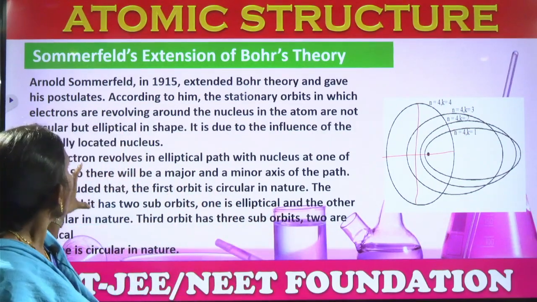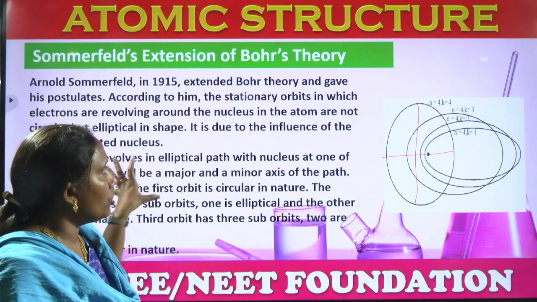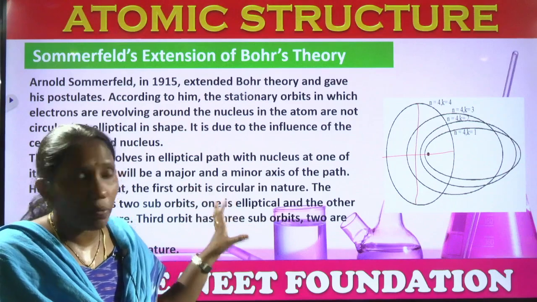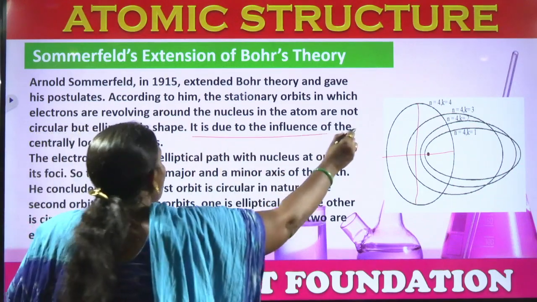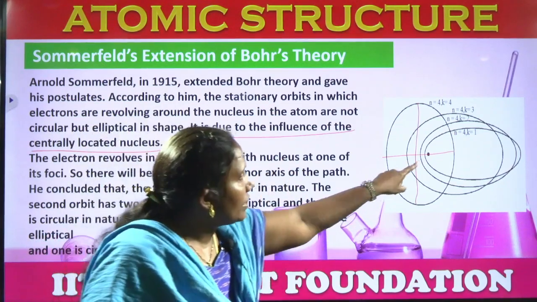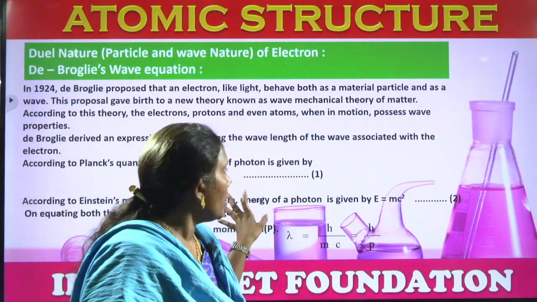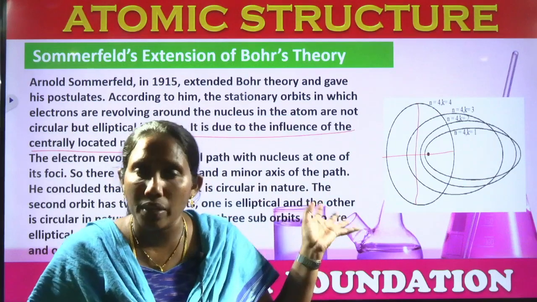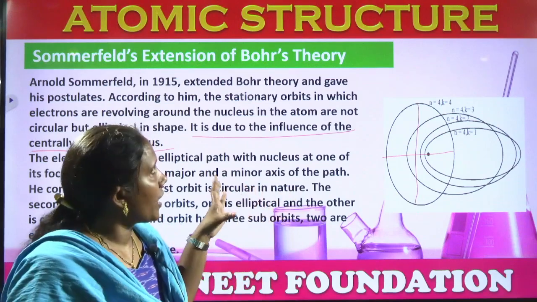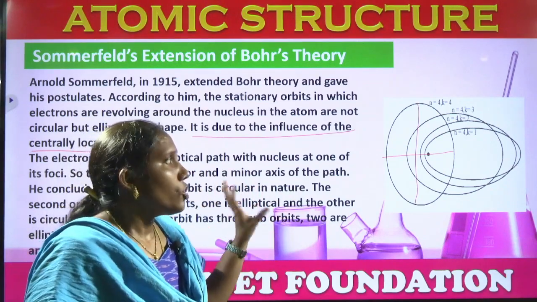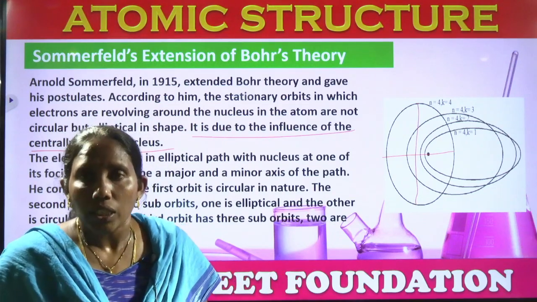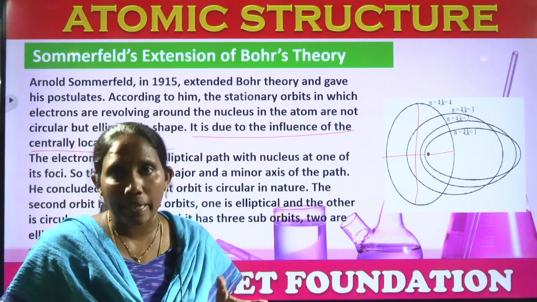Electrons revolving around the nucleus in an atom are not circular but elliptical in shape. Why? It is due to the influence of the centrally located nucleus. That point was missed by Bohr. So, as a continuation, Sommerfeld extended Bohr's theory. Electrons revolve around the nucleus not only in circular paths, but also in elliptical orbits.